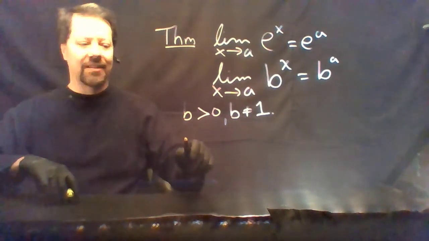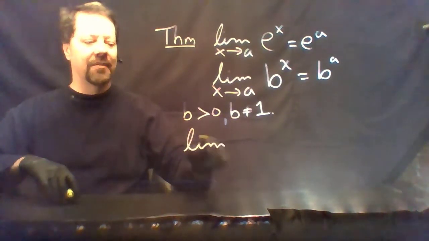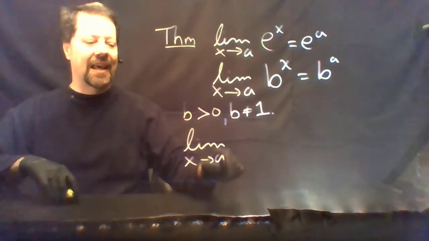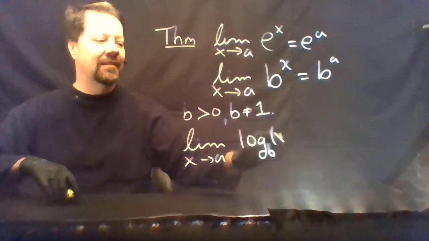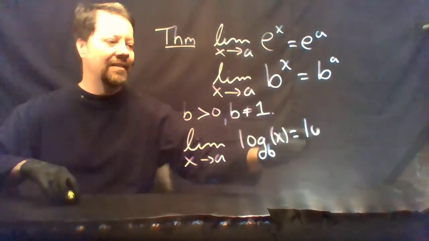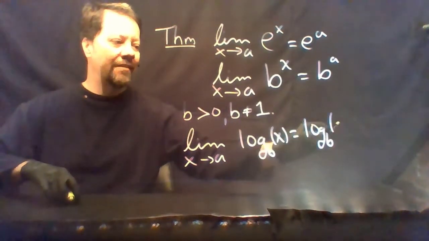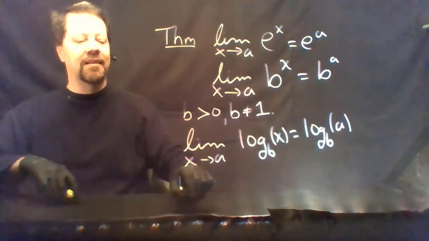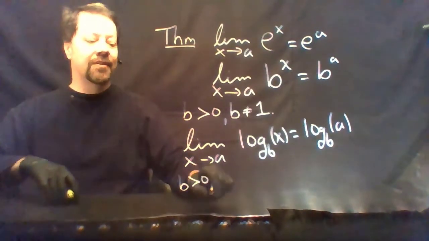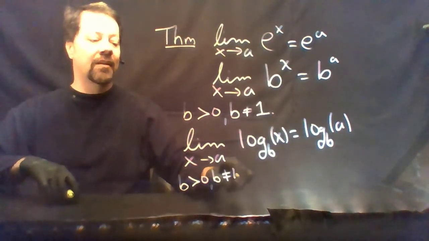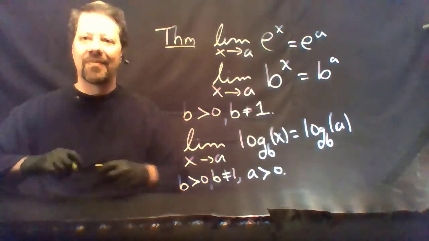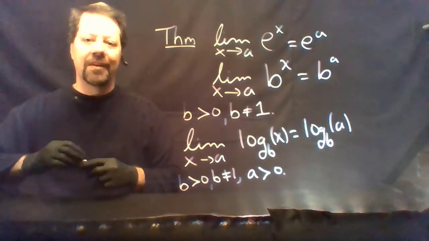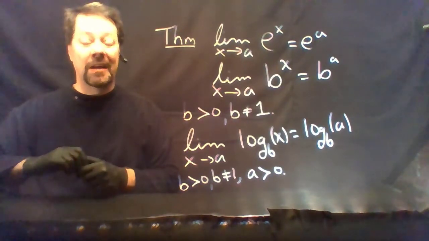In addition, we have the limit as x goes to a of log base b of x is log base b of a. Again, b greater than 0, b not 1, and a greater than 0. The domain of any logarithm function is only on the positive real numbers.